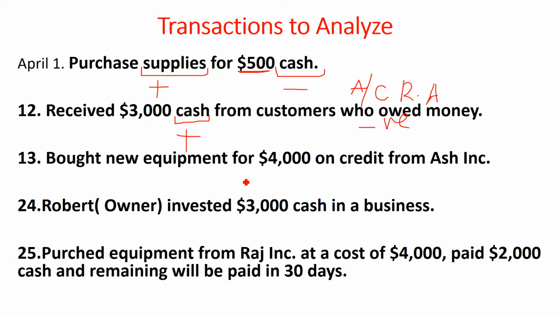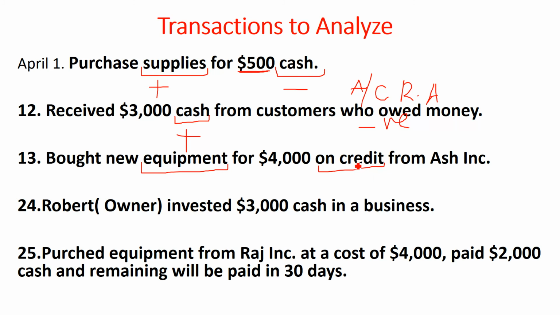Bought new equipment, the value is 4,000, on credit from Ashing. First of all, you have to find out what accounts. Bought new equipment. You are buying new equipment, so the first account is this one. The business owner, Robert, is buying new equipment for 4,000, right? Now how is he paying? Is he paying cash or credit? Credit.